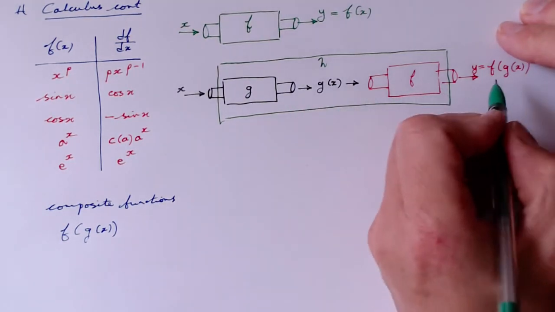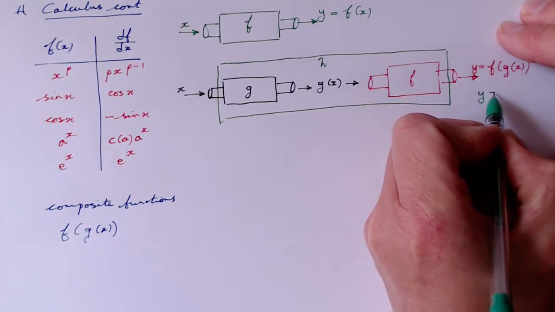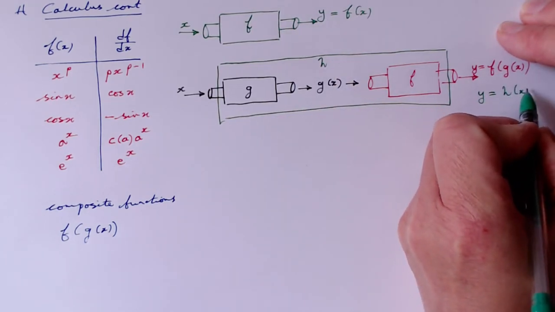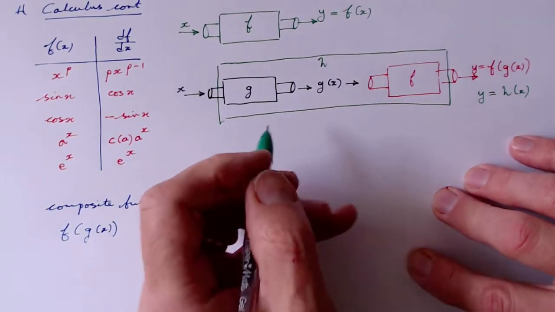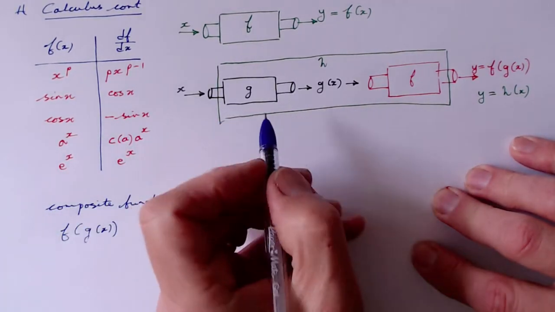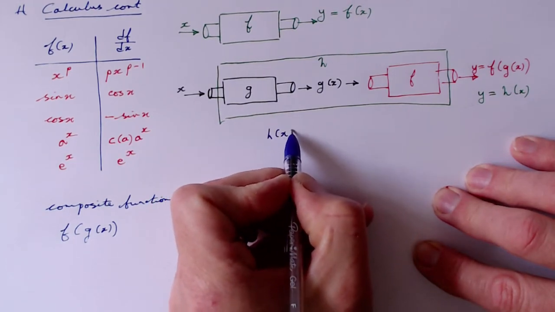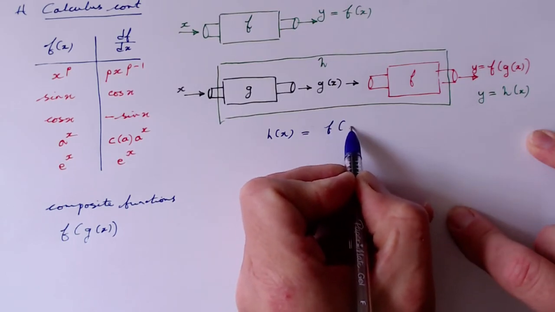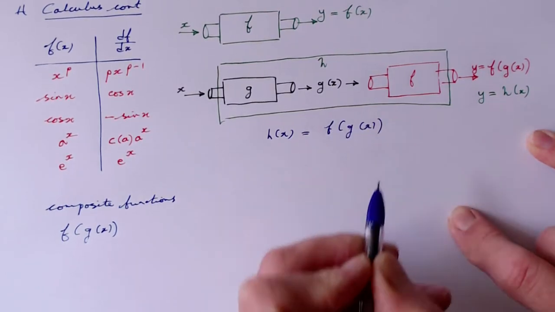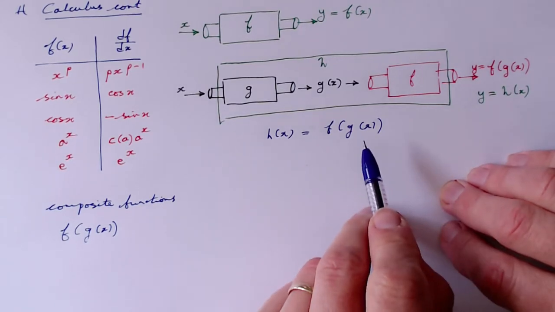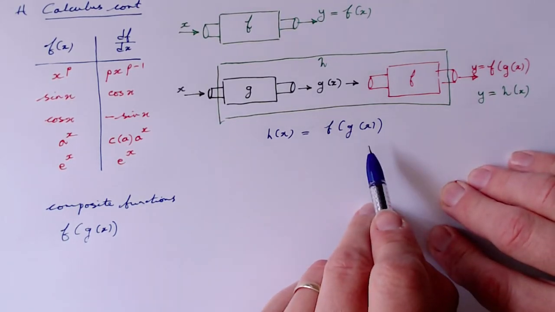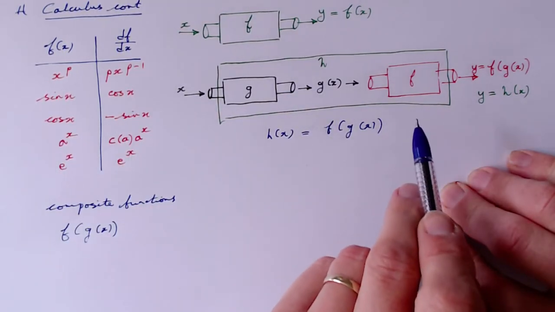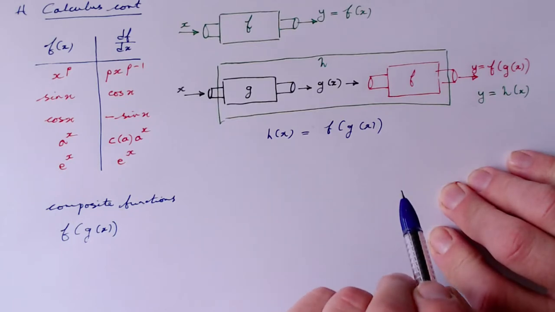So equally, we could say that Y is the application of this big machine H to the input variable X. In other words, we have a function H of X, which inside the green box is actually the application of a function F to a function of X. So I'm just really repeating here what we went over when we spoke about composite functions, but I'm using this machine metaphor because I think personally it's one of the clearest ways to think about composite functions.